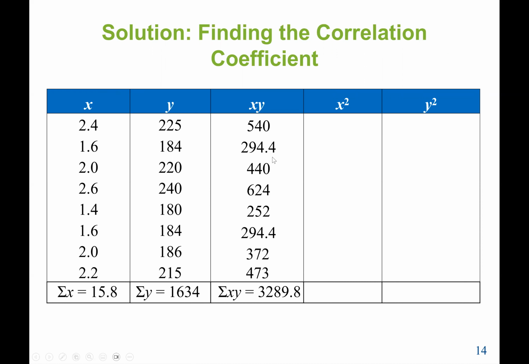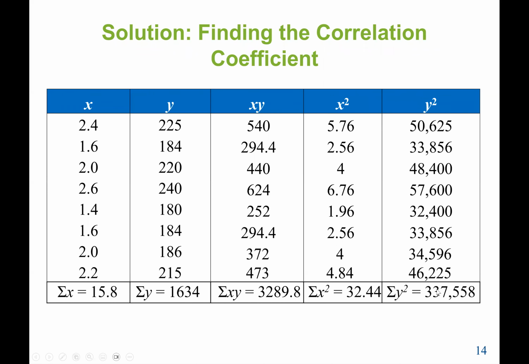We have 540, 294.5, 8.4, and 2.0 times 220 will give me 440, etc. Then we sum all, and that gives us the sum of XY. Next, we find the X squared for each X value, then we sum all. Then the same thing, we find the Y squared for each, then we sum everything.